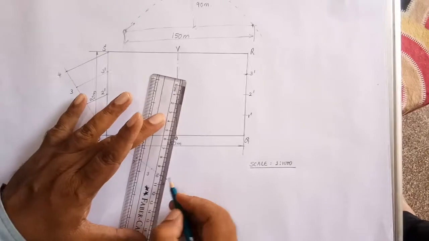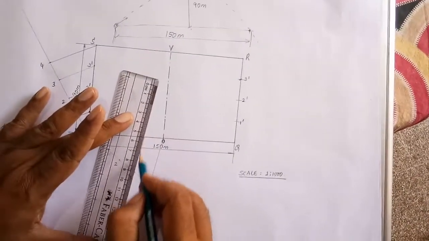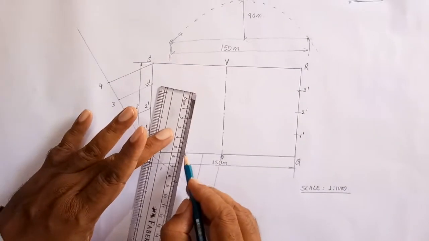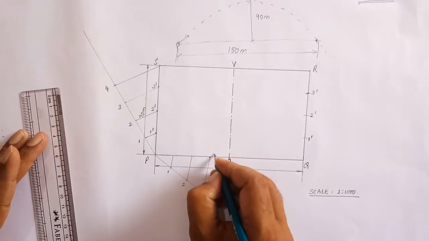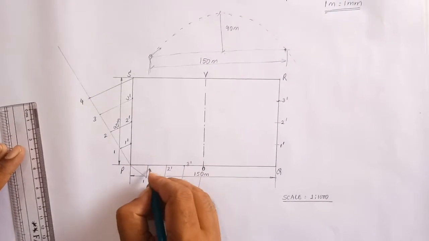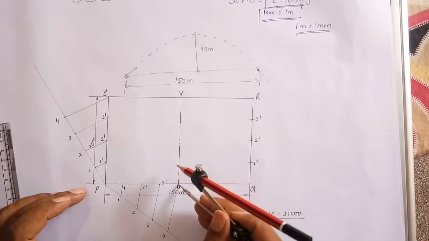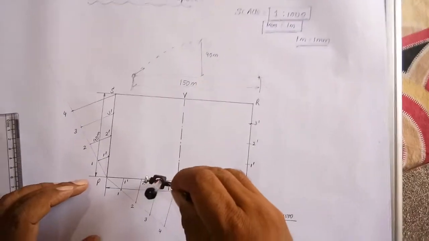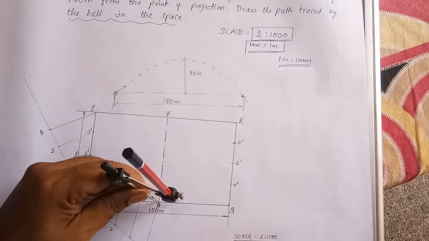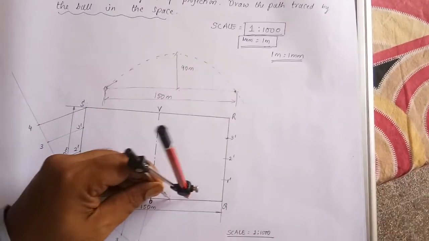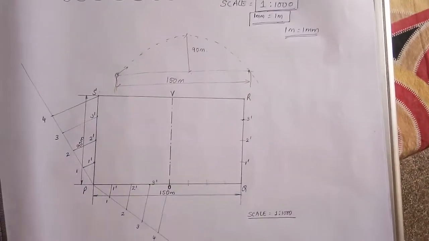Similarly, join O4 and draw line parallel to O4. Right? Call this as 3 dash, 2 dash, 1 dash. Now already we have made the divisions. These divisions you just transfer on the other side.